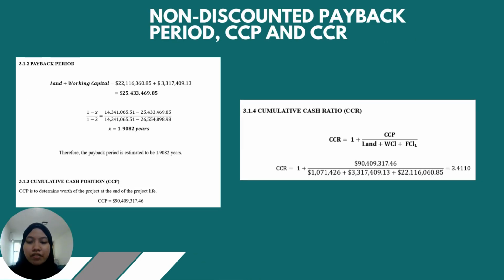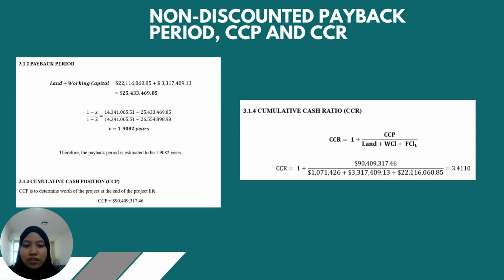Based on the previous table of the profitability analysis, we can calculate the payback period, cumulative cash position, as well as the cumulative cash ratio for the non-discounted case. For the payback period, we obtain 1.9082 years. For the cumulative cash position, it is $90 million.